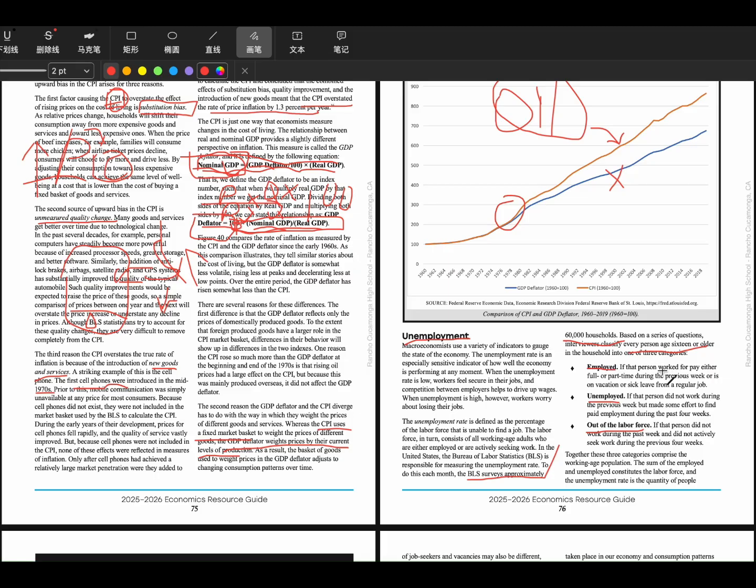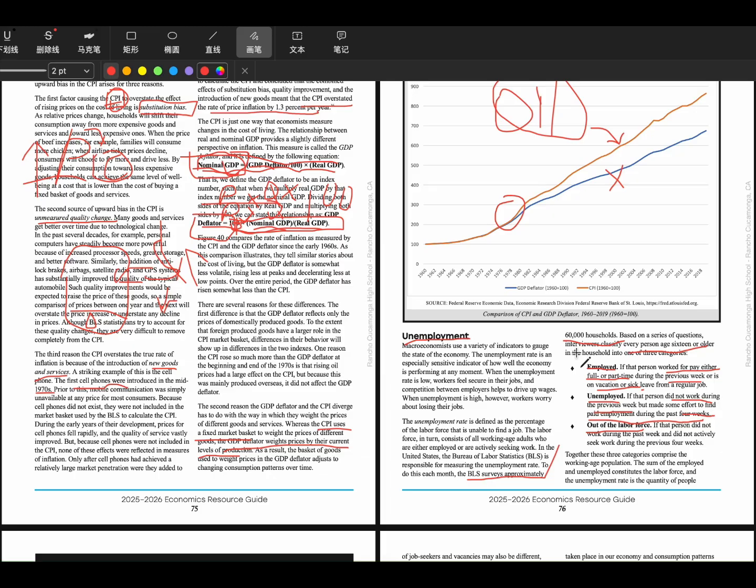Employed is someone that works for a paid job, full-time or part-time, the previous week, or is on vacation or sick. So if you're on vacation or on sick leave, so that's why you're not working currently, you're still employed. How you get to be unemployed is if you did not work during the previous week. If you didn't work in the past week and you made an effort to find paid employment in the past 4 weeks, that's when you're unemployed.